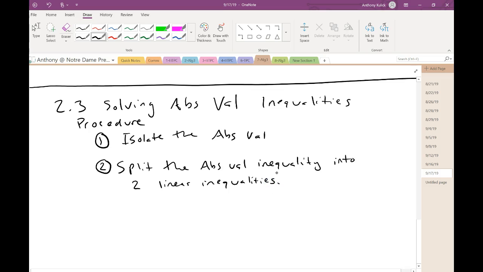The next step is to split that absolute value inequality into two linear inequalities. I'm going to put a little star there because there's a little bit of a difference when it comes to doing that splitting in the inequality sense than there was in the equation sense.